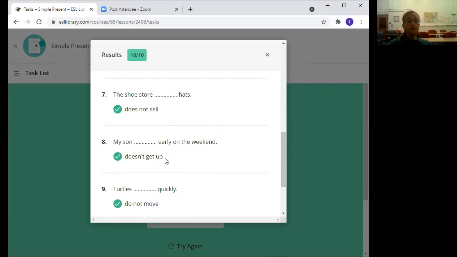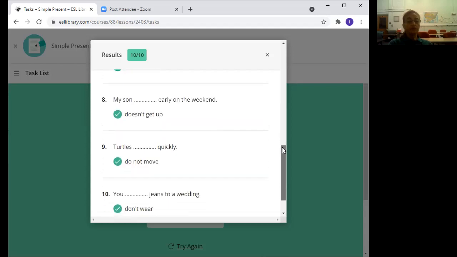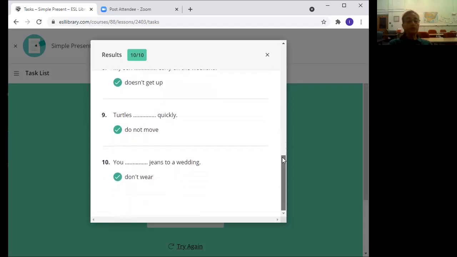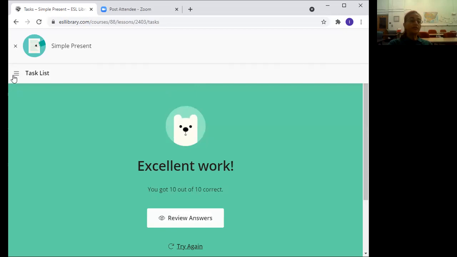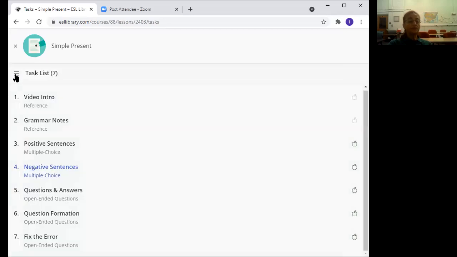It doesn't matter which one you choose. You can use either one. So normally when we speak, we use a contracted form. They just give you two forms for practice here. Turtles do not move quickly. You don't wear jeans to a wedding. All right, here we go. This is our negative sentence formation.